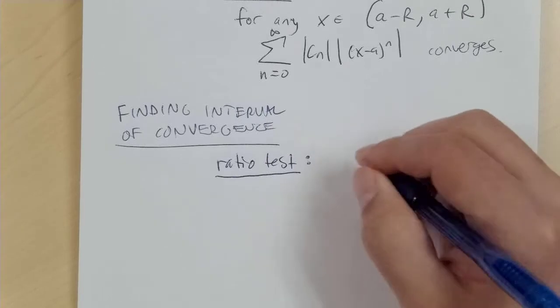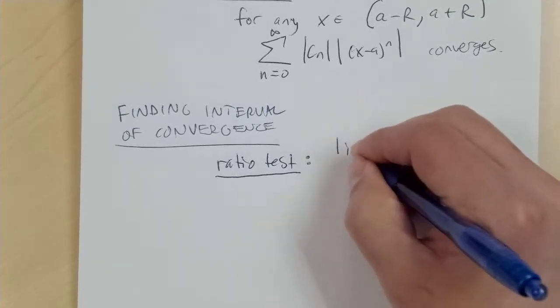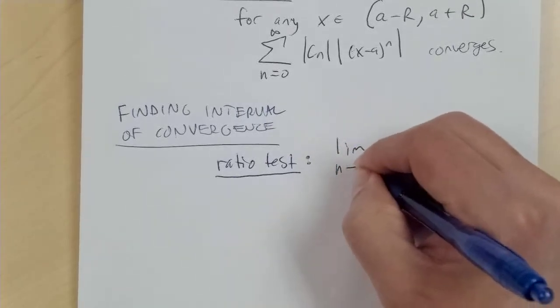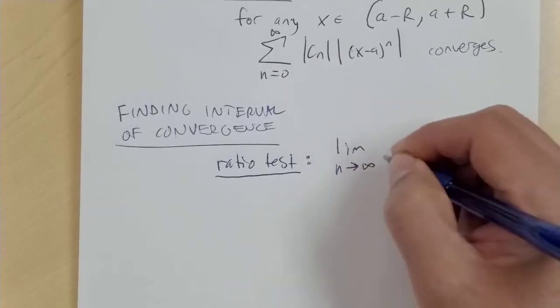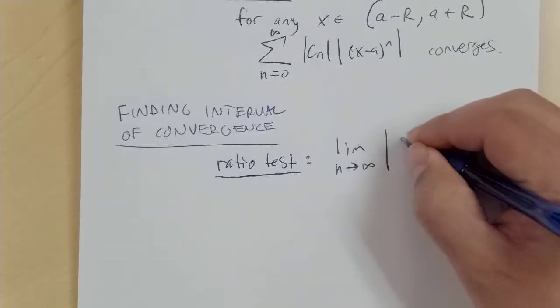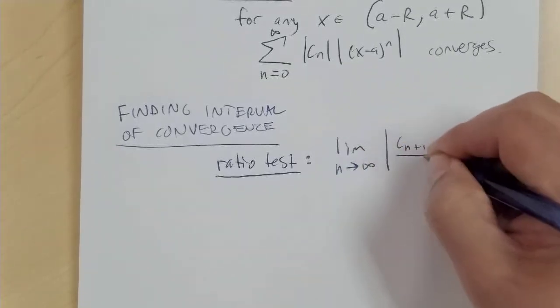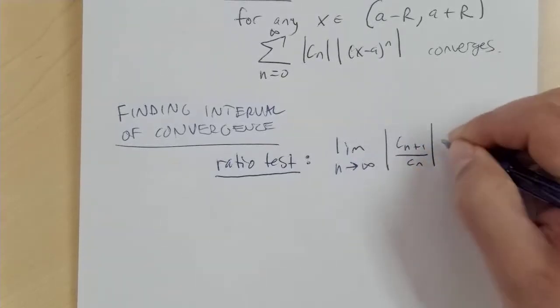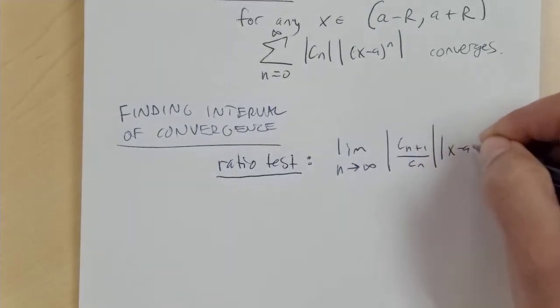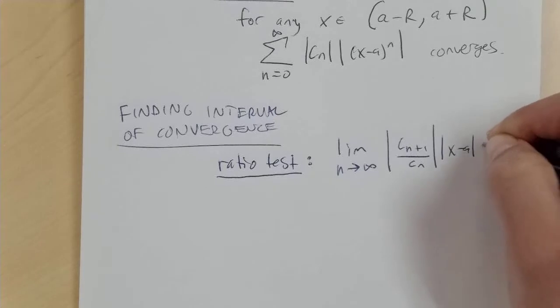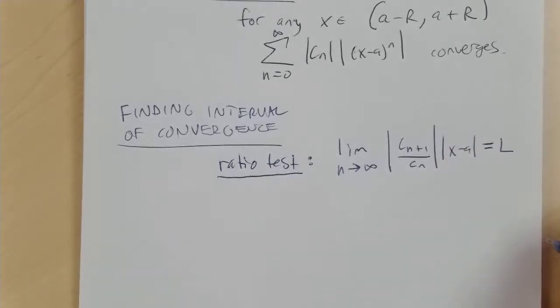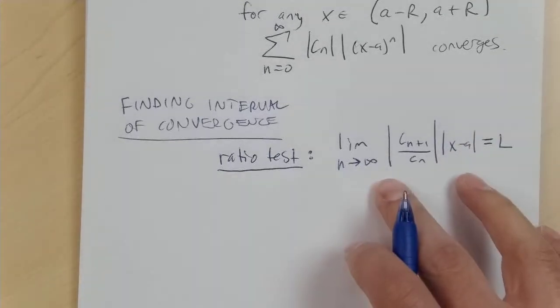The ratio test starts with the limit as n approaches infinity of the absolute value of c sub n plus 1 over c sub n times the absolute value of x minus a, equal to L. So we start with this equation, right?